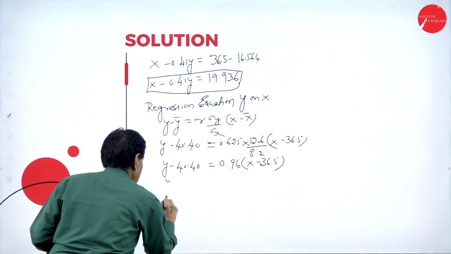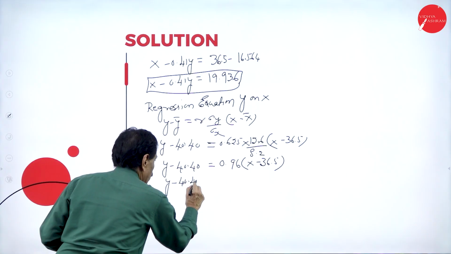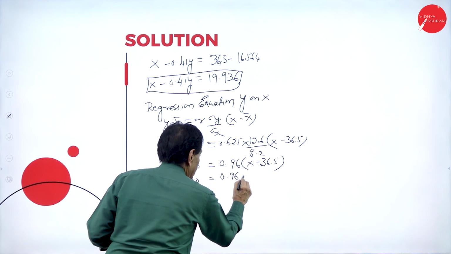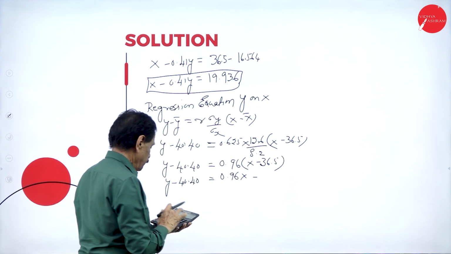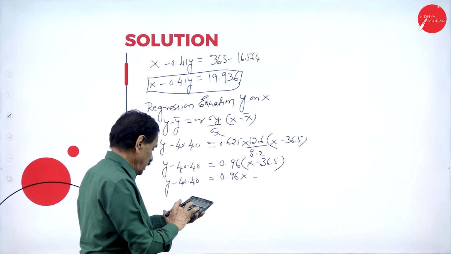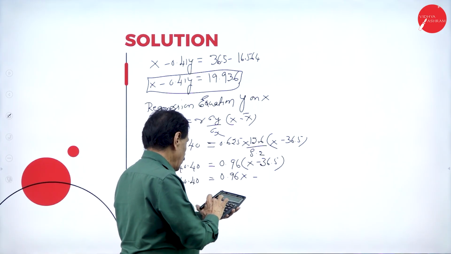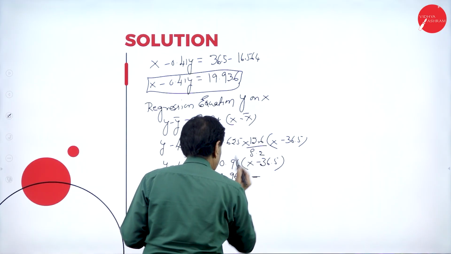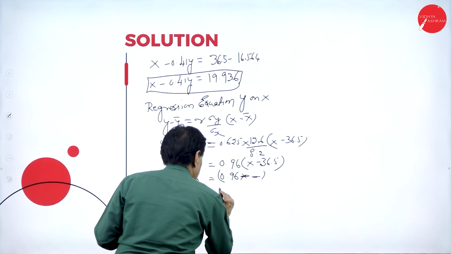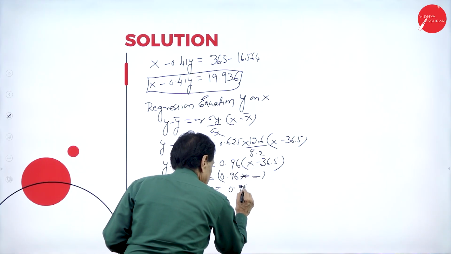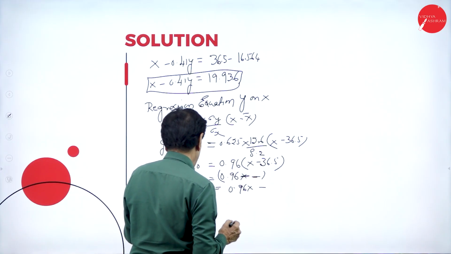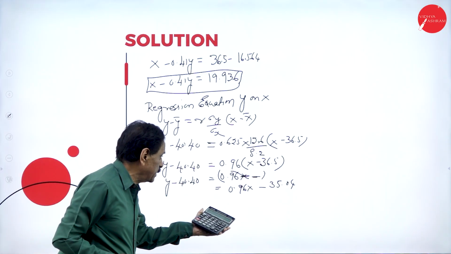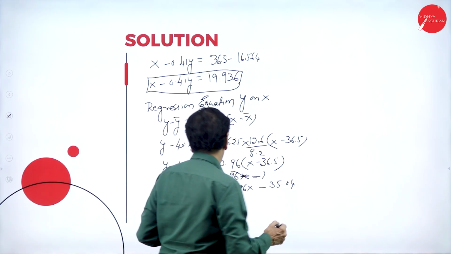This is y minus 40.40 equals 0.96x plus into minus, minus 0.96 into 36.5, or we can write this as 0.96x minus 35.04.